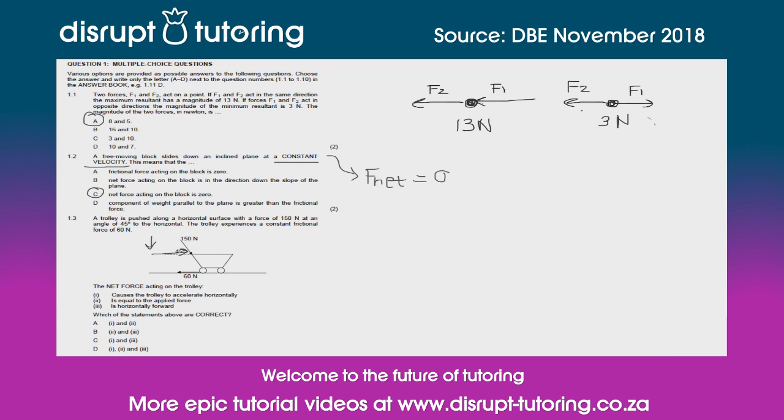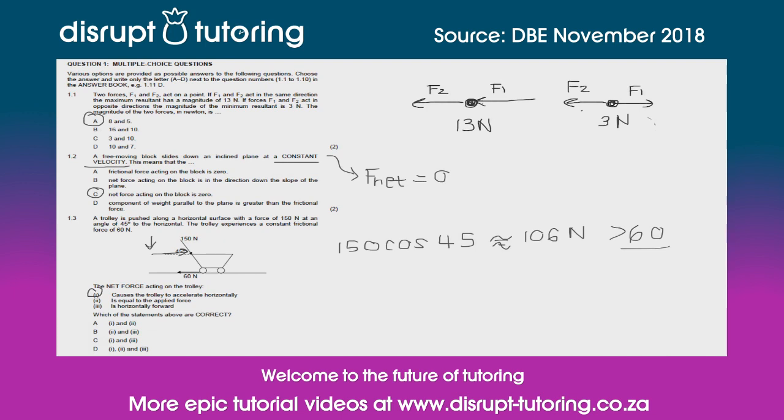And if we work out what the horizontal component of the 150 is, we know that is 150 cos 45, which is equal to 106 newtons, around there, which is greater than 60 newtons, which is the frictional force. So that means that there is some sort of resultant force that isn't equal to 0. So we know that it accelerates horizontally, so 1 is true.